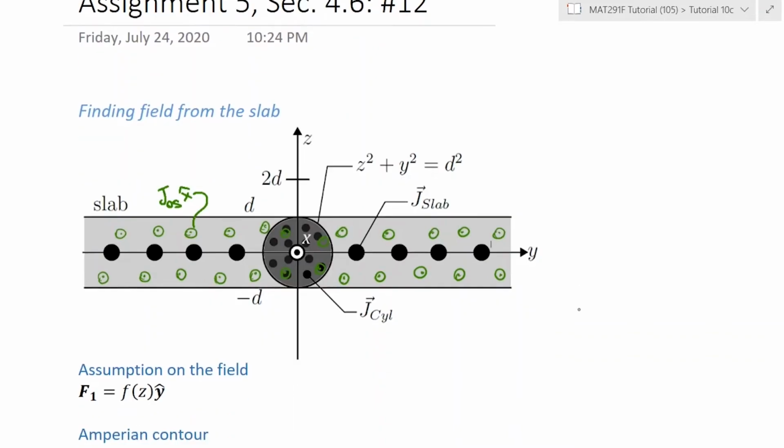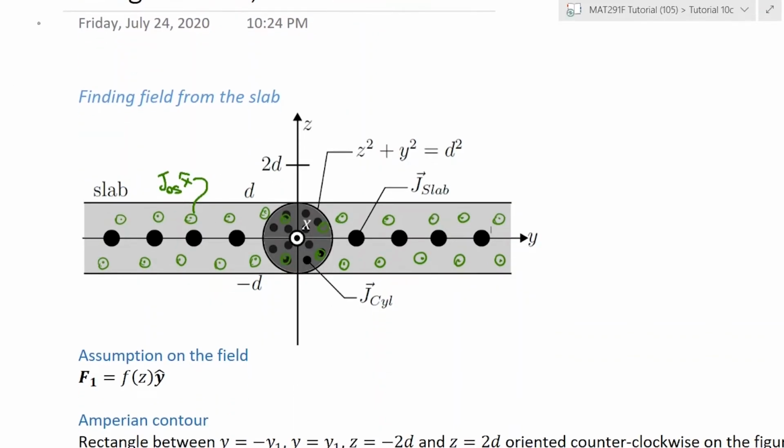Let's make an assumption on the field. By the right-hand rule, we would align the thumb with the current density, and the way the fingers go is the way the field goes. So this would be this way above the slab, and below the slab, it's going to be like this.